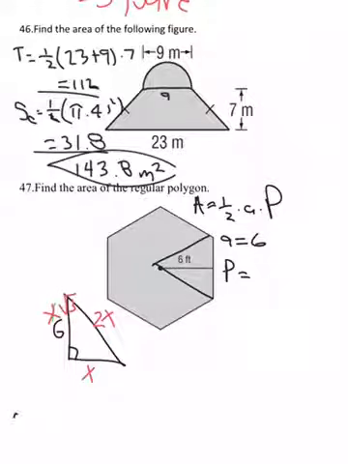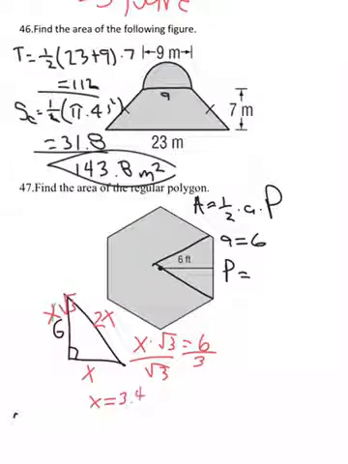What happens is you get x square root of 3 equals 6. You have to solve that by dividing. And so 6 divided by the square root of 3 is 3.464.